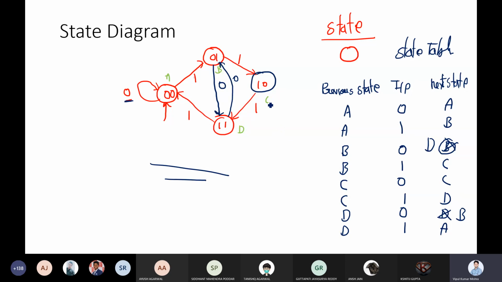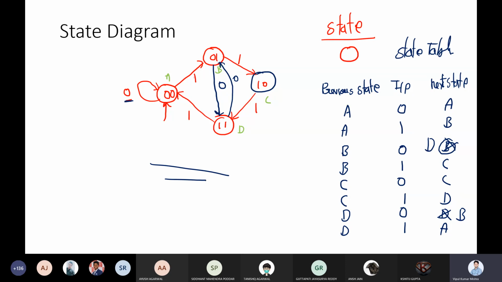Now, once you reach the C state, if someone gives 0 as an input, what will you do? Is this state diagram able to handle that situation? If you are in C state and someone gives input 0, because anyone can give input either 0 or 1, then what will you do? Do we have anything to do with that?